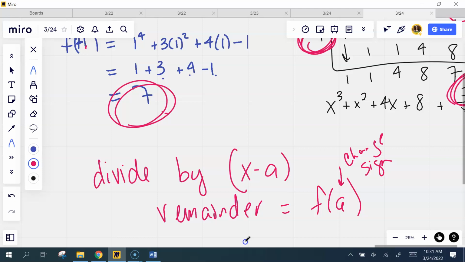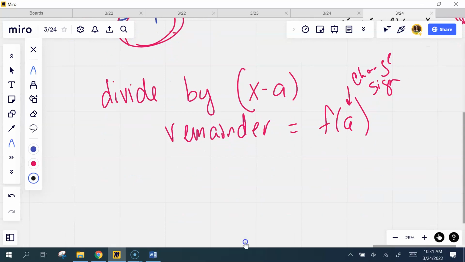So look at number 3. I told you to find f of 5, but use synthetic division to find f of 5. So let's think about this for just a minute.